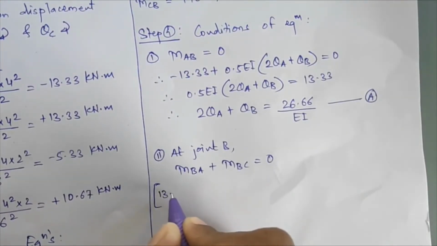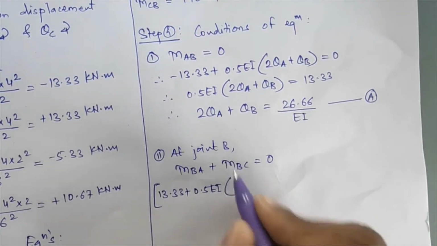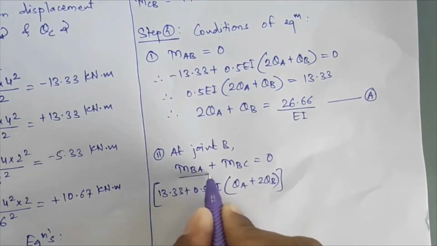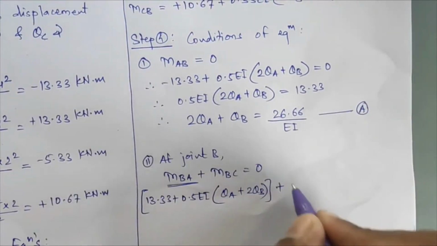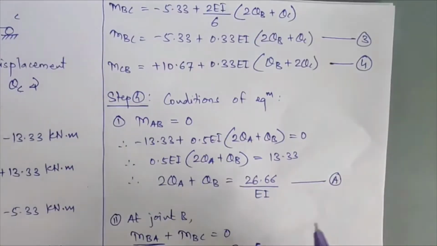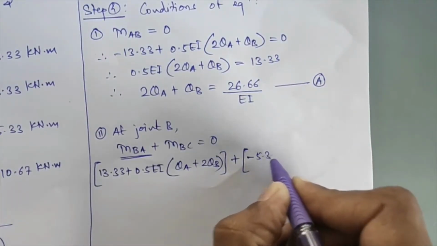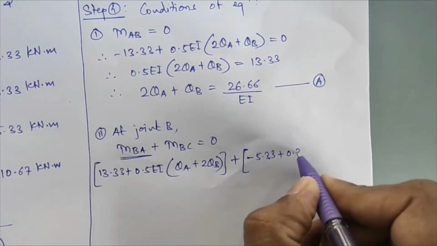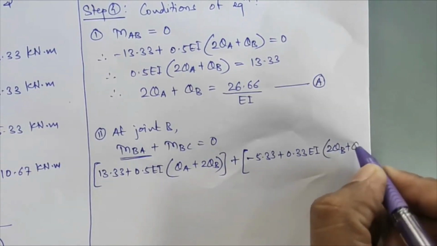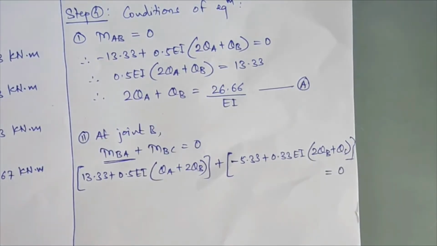I am getting 13.33 plus 0.5 times EI into bracket theta A plus 2 times theta B. Plus I'll write the second equation, for BC, my equation number 3: minus 5.33 plus 0.33 times EI into bracket 2 times theta B plus theta C, and this whole term is equal to 0.